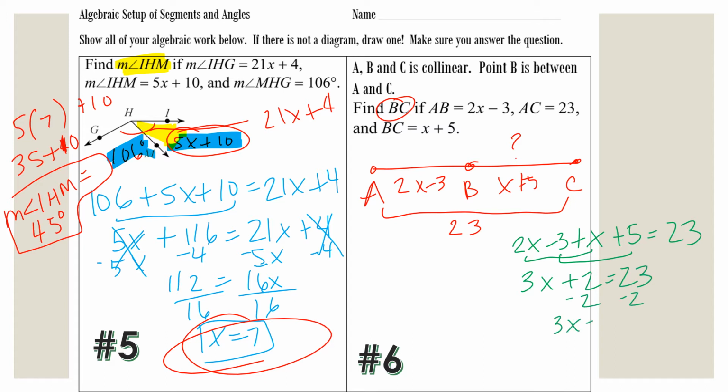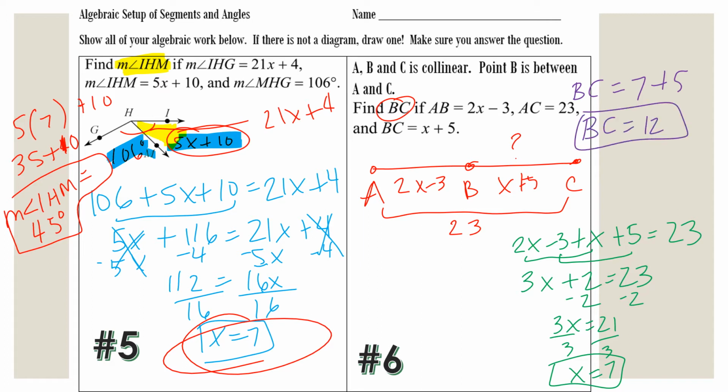So I get 3x equals 21, and then divide both sides by 3, so I get x equals 7. Now, it didn't just ask us to find x. We need to find what BC equals. BC is x, which is 7, plus 5, and BC is 12. And that is all you had to find there.